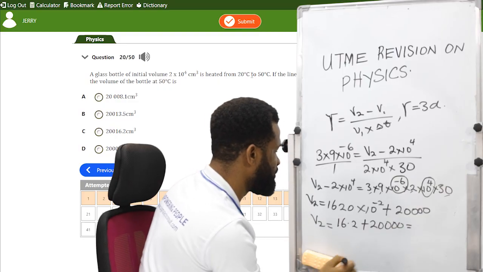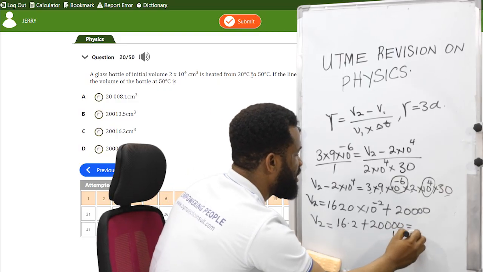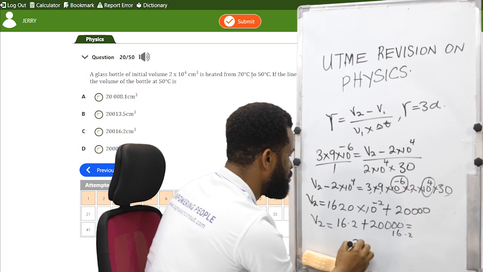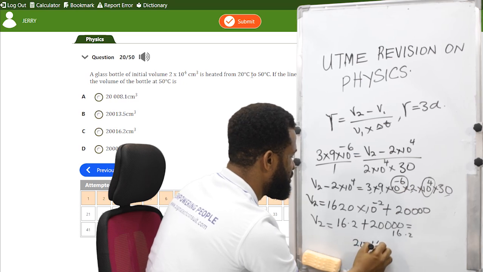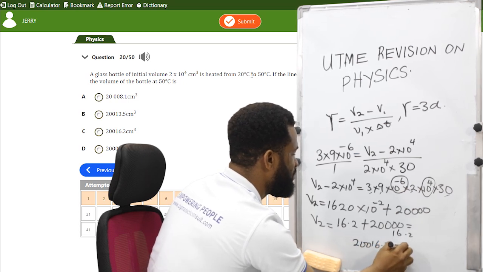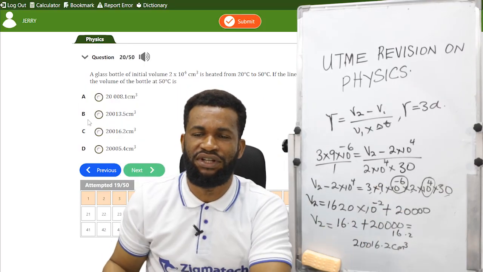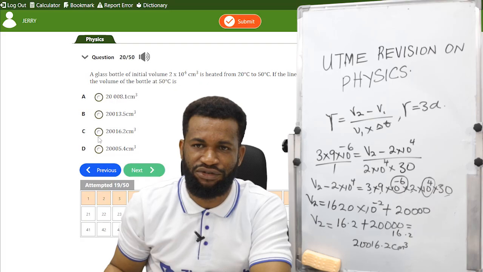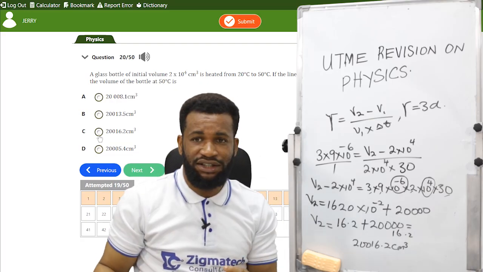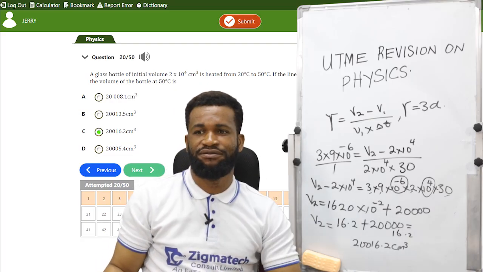We are going to have 20016.2 cm cube. So the option that corresponds to the question, the answer is C.